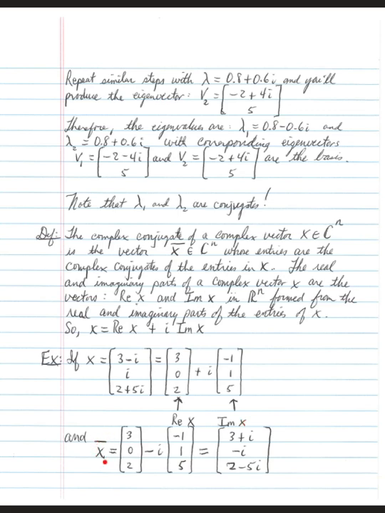The conjugate of x is to switch the sign in the middle. So you still have the same real part, 3, 0, 2, and the same imaginary coefficients, negative 1, 1, and 5. But you have a minus sign instead of a plus sign to be a conjugate. Putting those together, 3 plus i, 0 minus i, 2 minus 5i.